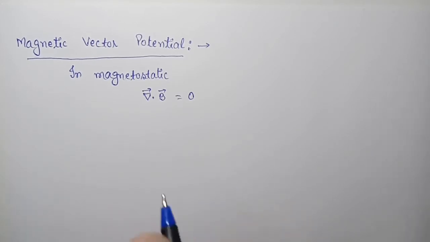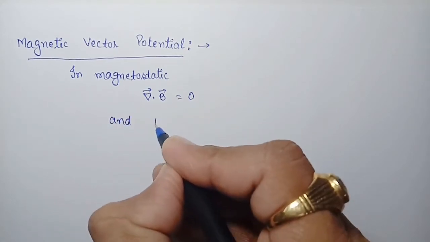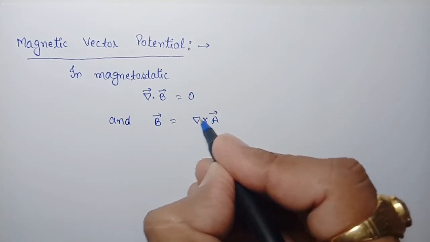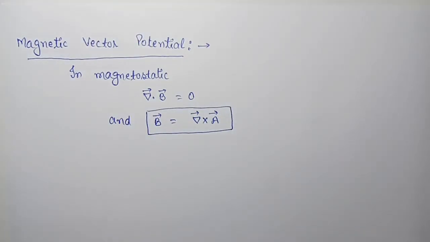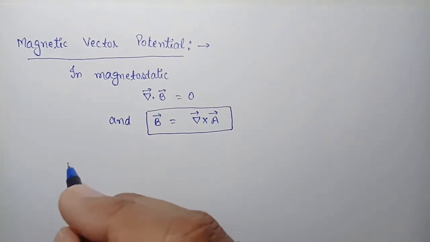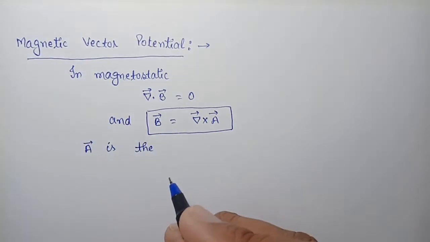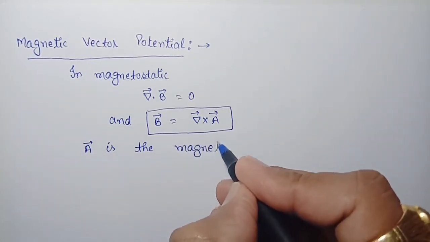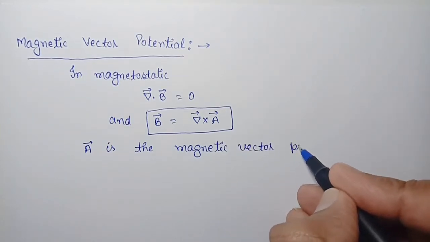So here, when the divergence of the magnetic field is equal to 0, then B is equal to del cross A. Here this A is a vector potential, or magnetic vector potential.